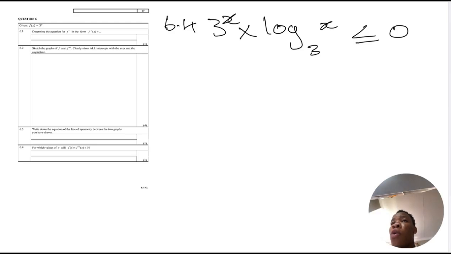So from here, we will now say 0 to -1, because when x is 1, 3 to the power of x, when x is 0, I meant to say when x is 0, okay, log of 3x.